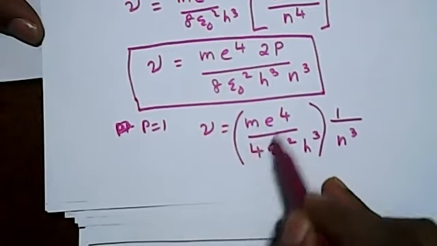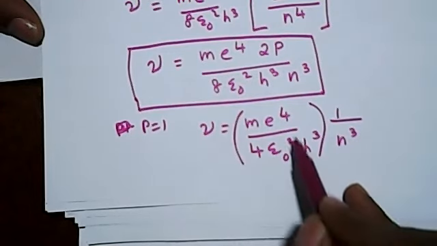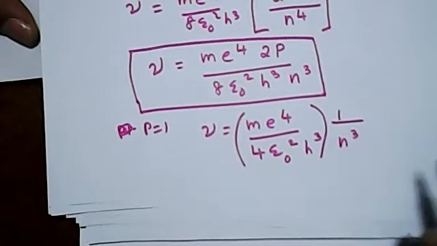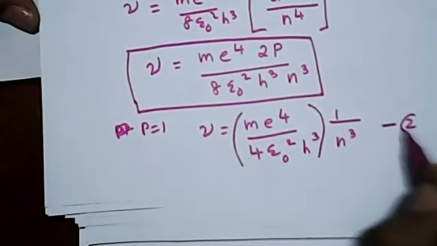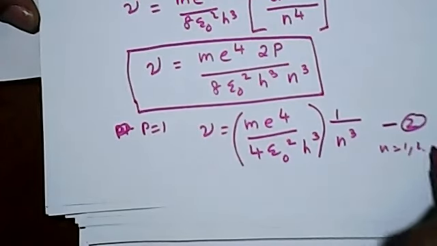So nu equals m e to the power of 4 by 4 epsilon 0 square h cube into 1 by n cube. Now this is equation number 2.